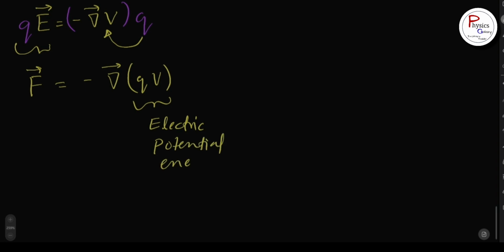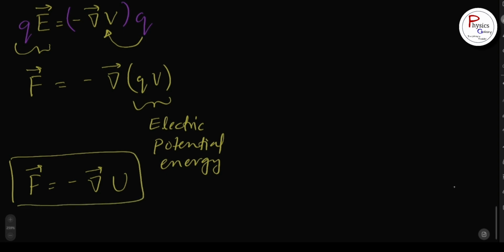So we can write F equals minus gradient of U, where U is the electric potential energy. This is the differential form.